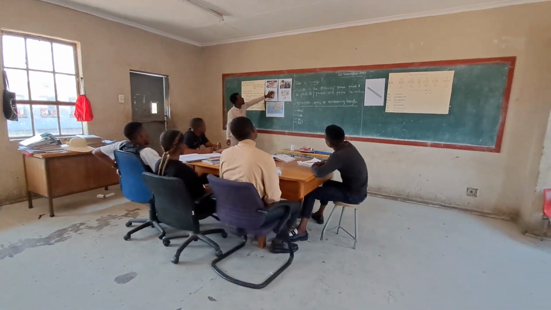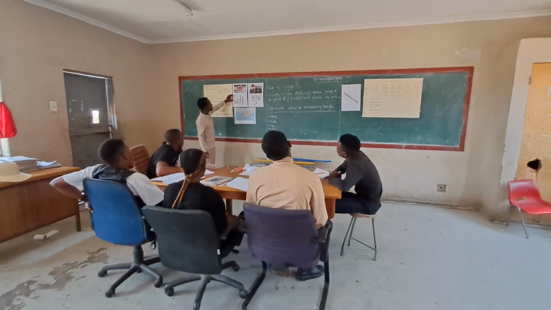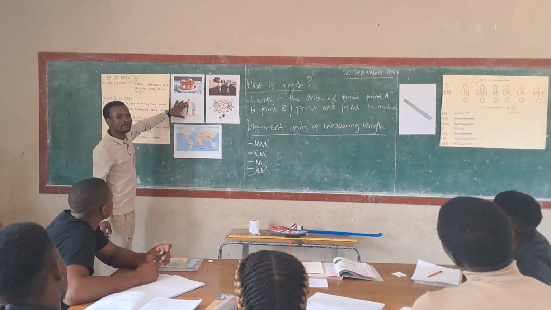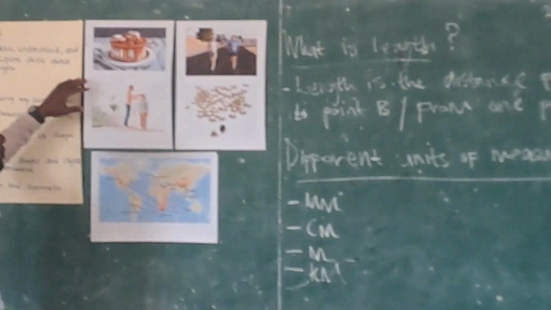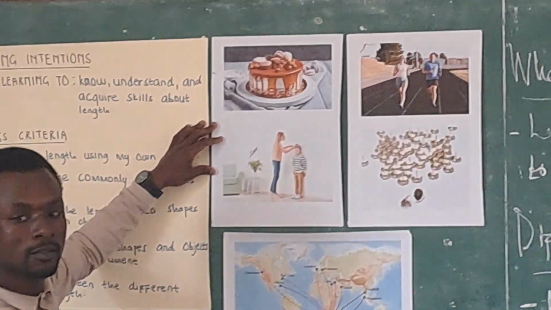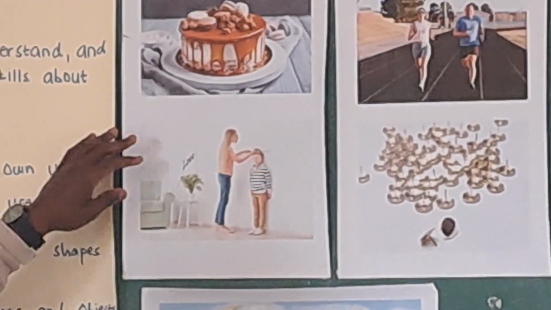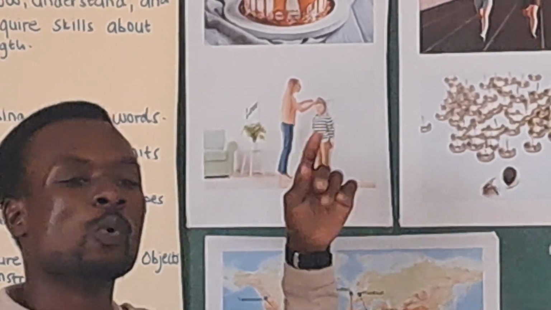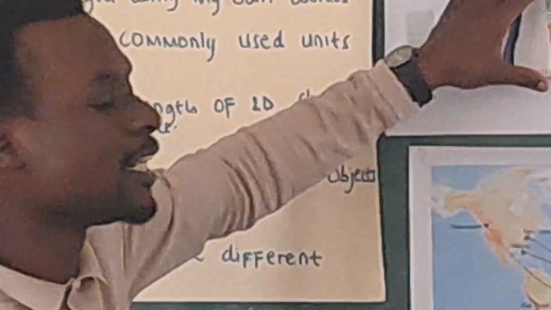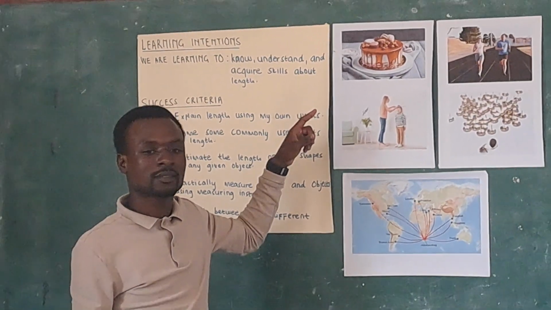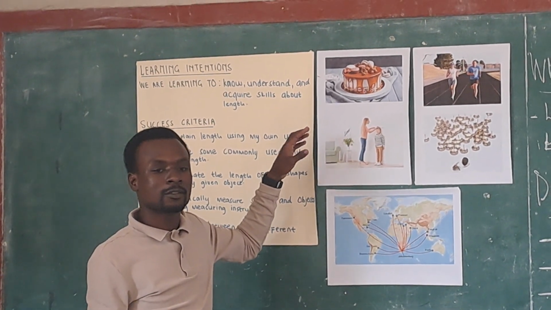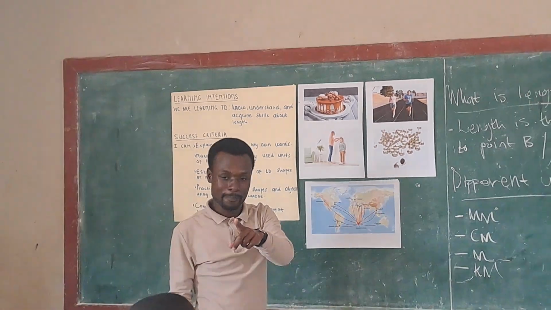What do you see in this picture? A mother, a man and a boy. What are they doing? The mother is measuring the height of the boy. Which unit is suitable for the activity that the mother is doing? We can use a measuring tape, exactly.